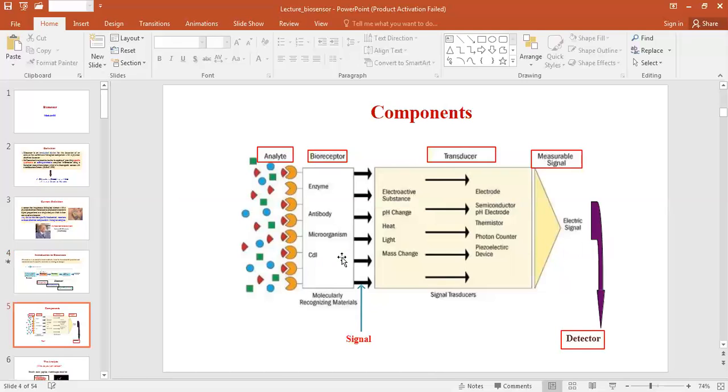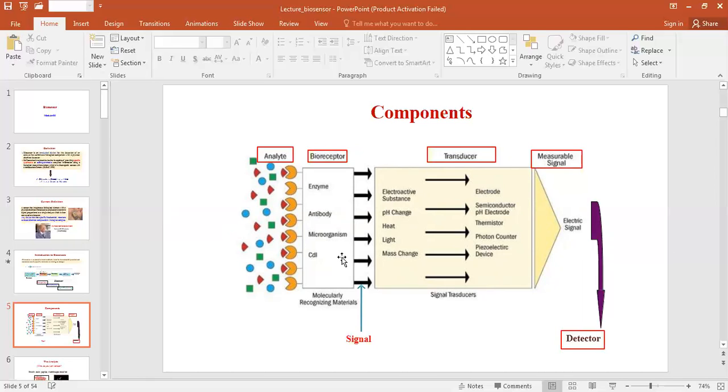Here are the components. This block diagram of the biosensor includes three different sections, namely the sensor part, the transducer part, and the measurable signal as well as the detector.